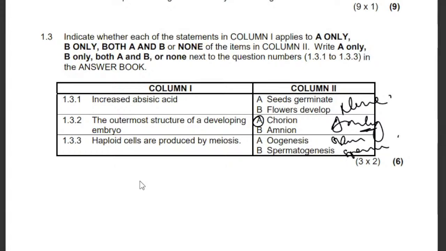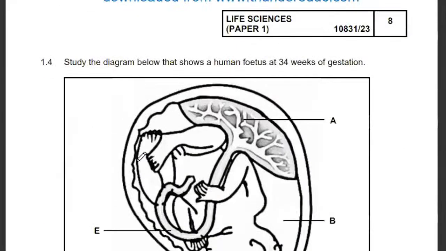They're not talking about the process. Yes, I know this is oogenesis, which results in the ovum, but they're saying haploid cells. The key point here is cells, which are haploid. Even spermatogenesis results in gametes, which are haploid, but they are not giving you sperms or spermatozoa. So here the answer becomes none. That's the reason why the answer is none.